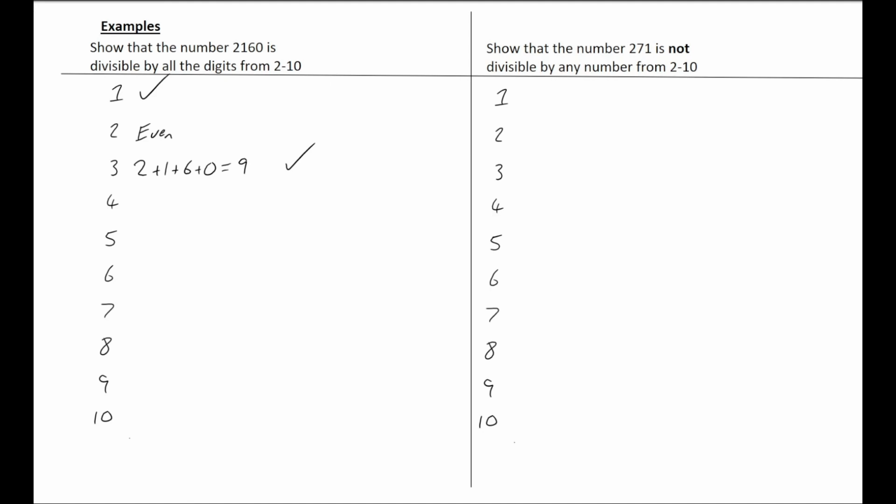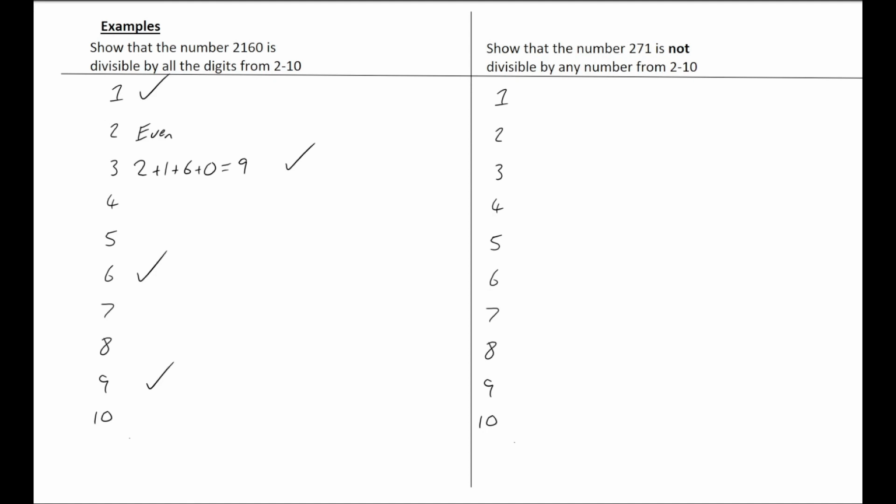Now, the rule for number 9, all the way down here, is very much the same, but you want to check to see if it can be divided by 9 instead. Well, 9 can be divided by 9, which means it must be divisible by 9 as well. All right. Now, because it passed the rules for 2 and for 3, that means it actually passes 6 as well. So it has to pass both 2 and 3 to pass 6. We've already checked that, so we know that it's divisible by 6.